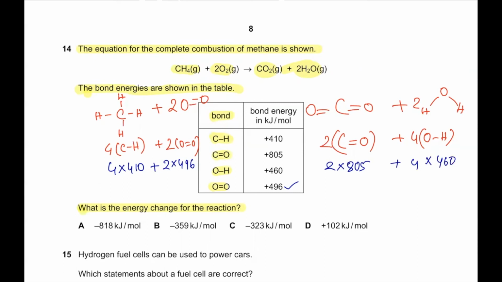So we get bonds broken on the left hand side 2632, and on the right hand side we have 3450. So 2632 minus 3450 equals minus 818.